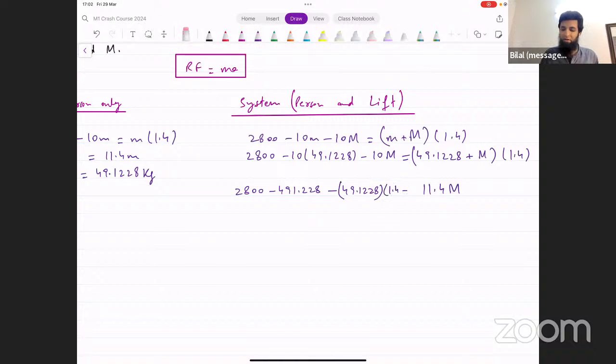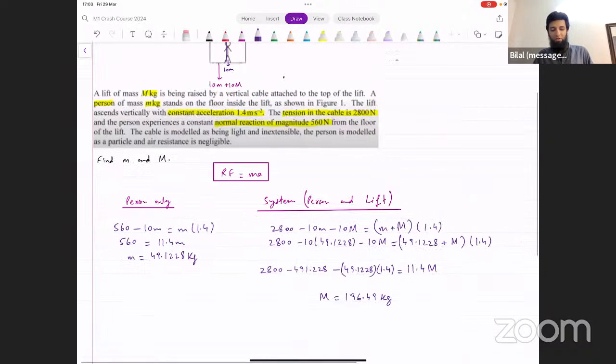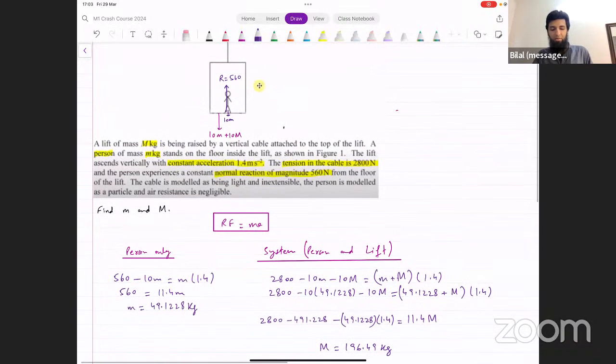Now, can you find the value of capital M from this? 196.49. So capital M is 196.49 kilograms. That's the mass of the lift. And that's what we were looking for, mass of the person and the mass of the lift.